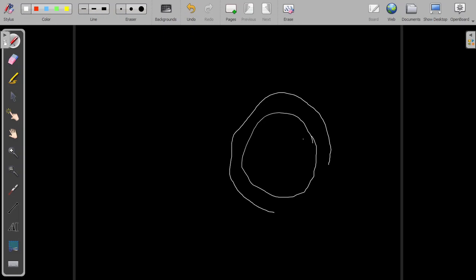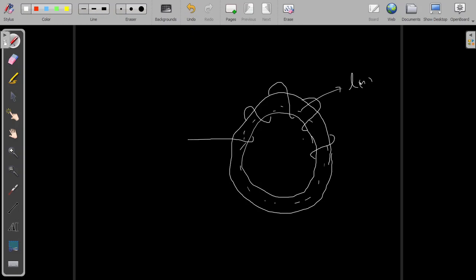This is our toroid, and suppose it has a perimeter length L meter, and it is wound by a winding of capital N number of turns, like this.